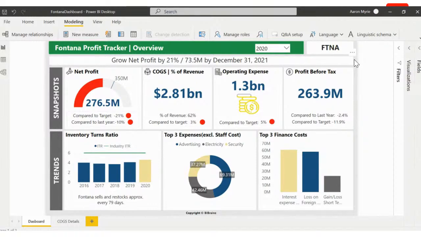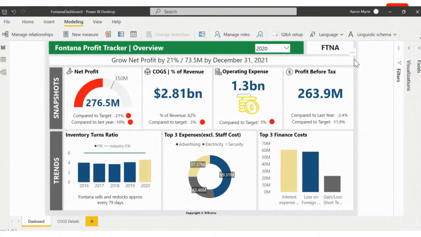Next, we look at the trends, which again is the cause of why each of the company's KPIs are not on target. So the first one really addresses cost of goods sold, that is the inventory turns ratio. We look at the inventory turns ratio over a 5-year period and compare it to the industry ITR, which is 6.